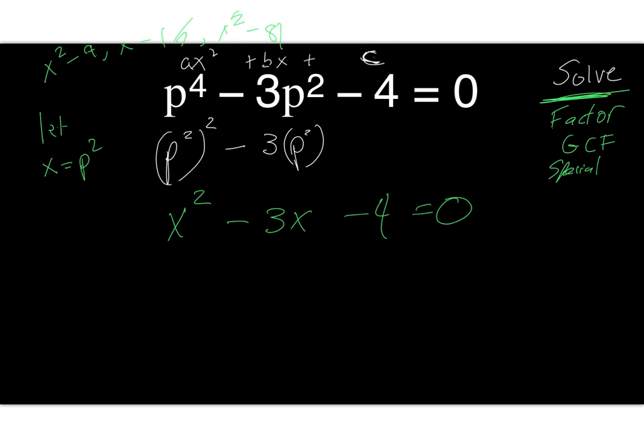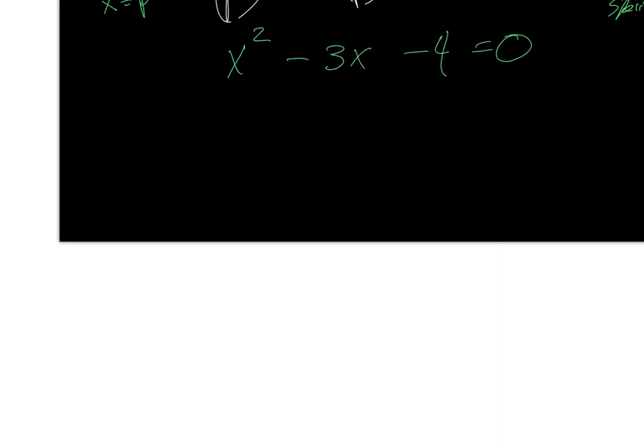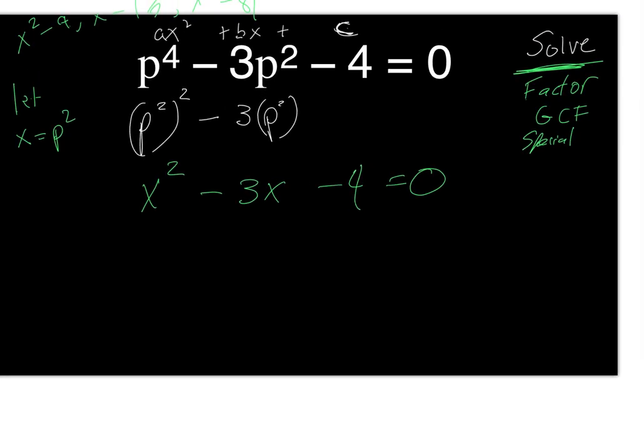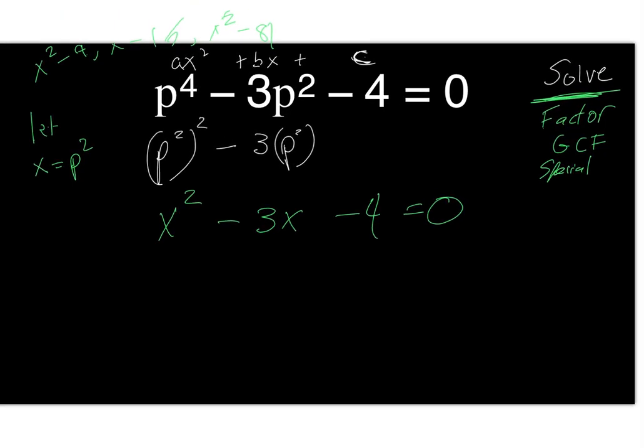If I do the full x box method, oops, sorry about that. Come back down here. There we go. We could do the full x box method, or really when this coefficient is 1, I am thinking two numbers that multiply to negative 4. 4 and negative 1, 2 and negative 2, negative 4, positive 1.